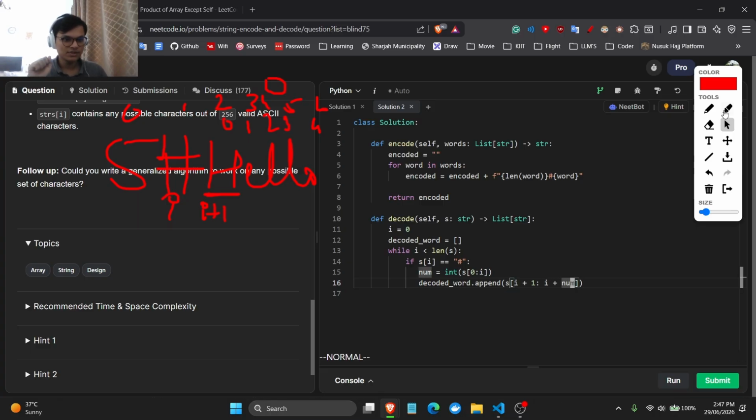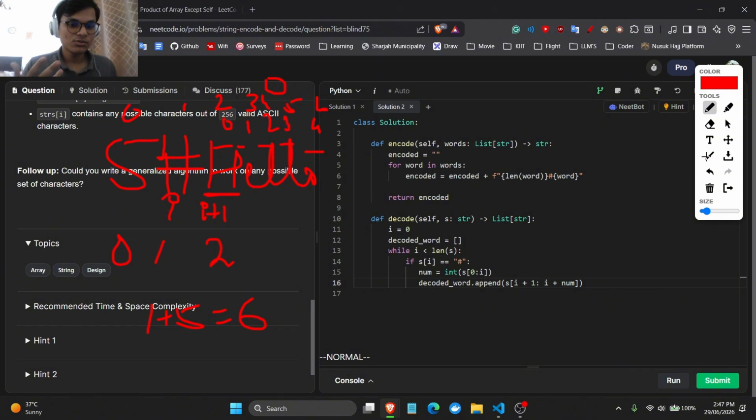Does that work? Let's just see what happens. Because here I is 1, so what does I plus 1 become? It becomes 2, and I plus num, 5, becomes 6, right? So 2 3 4 5 6, it will not include that last one, right? This won't include that, so we need to say plus 1 over here.